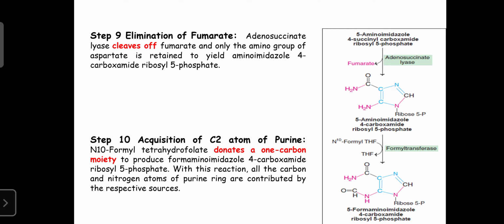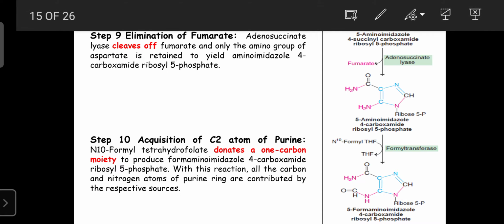Then step 9 is the elimination of the fumarate. In the 8th step, the fumarate was added to the purine ring, and it is eliminated in step 9 in the presence of the adenylosuccinate lyase enzyme.